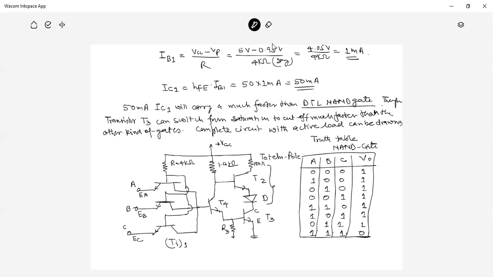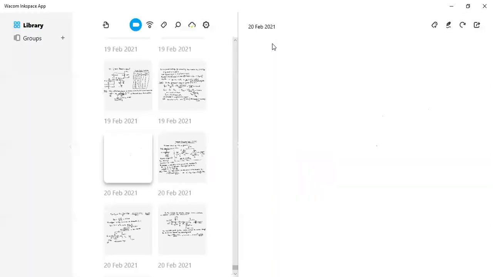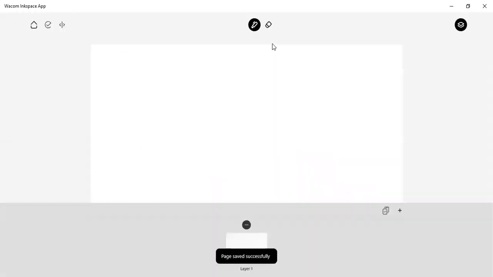So this output load, we can explain the output load, that is totem pole.